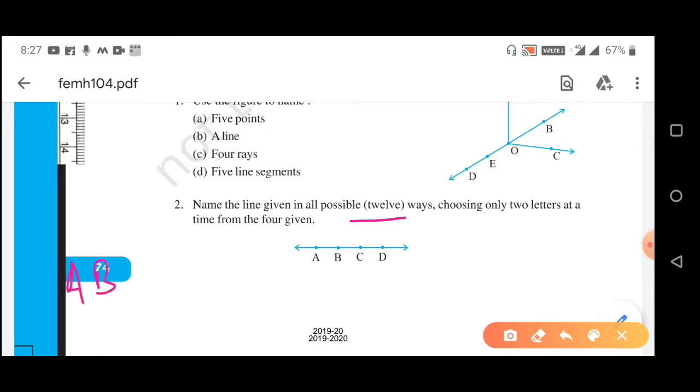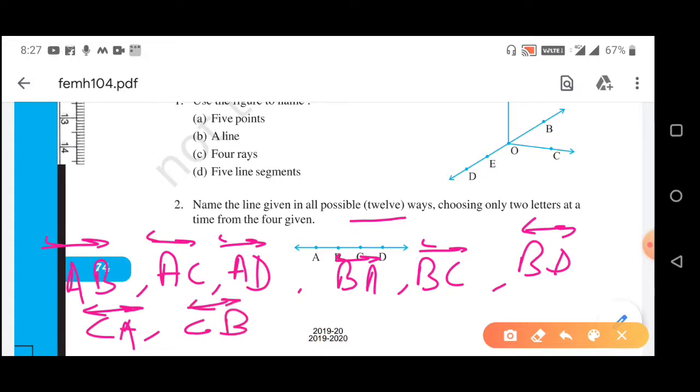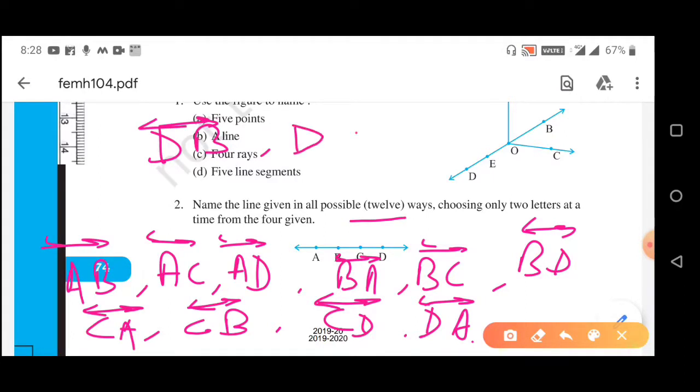We will start from AB, then AC, then AD, then it will be BA, BC, BD, then CA, CB, CD, then we can write DA, then DB, DC.